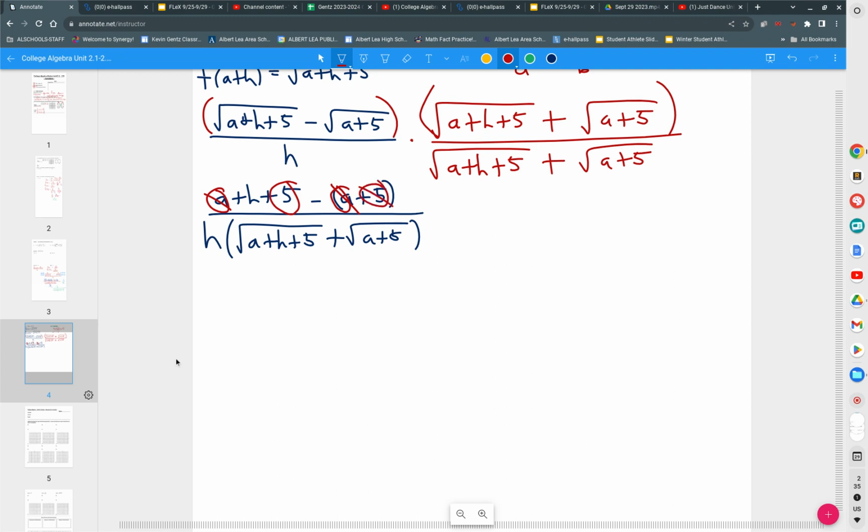So those go away. Notice, what are you left with in the top? And what do you have in the bottom? And h divided by h is 1. So you get 1 over the square root of a plus h plus 5 plus the square root of a plus 5.